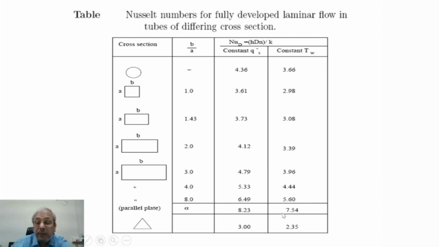Similarly, for uniform wall temperature, it is 7.54, and for uniform wall heat flux, it is 8.23. For tube, for uniform wall heat flux, it is 4.36, and for uniform wall temperature, it is 3.66.